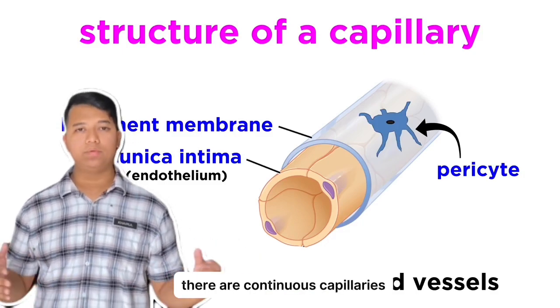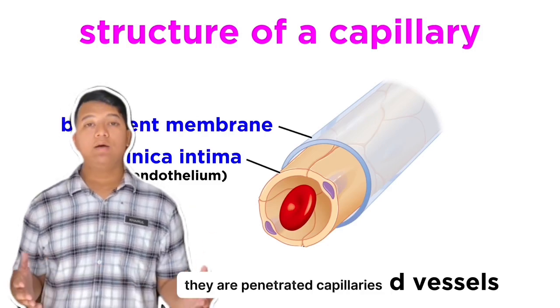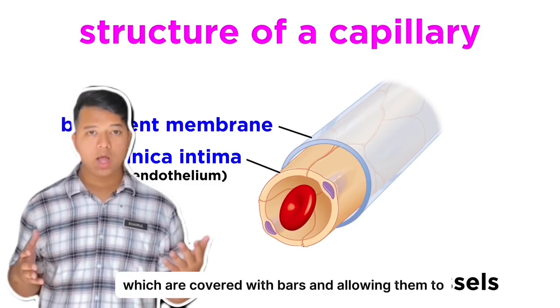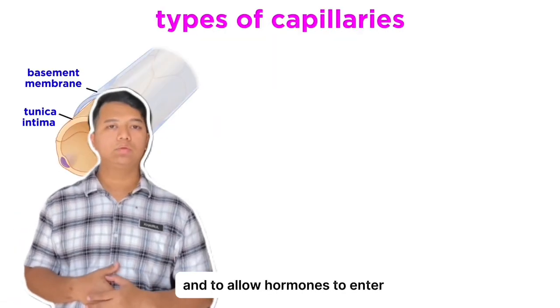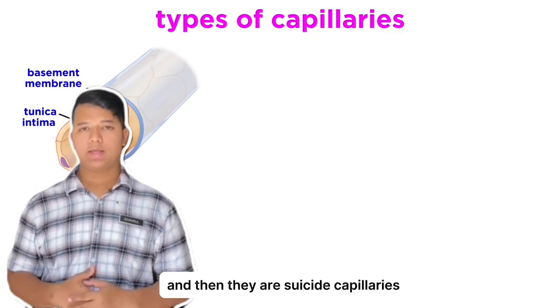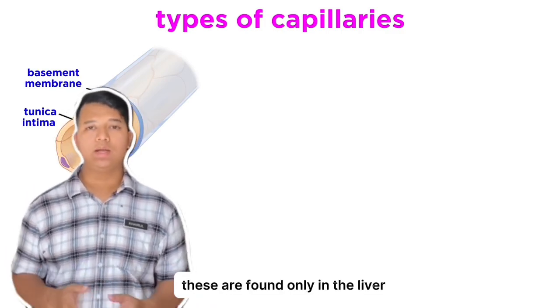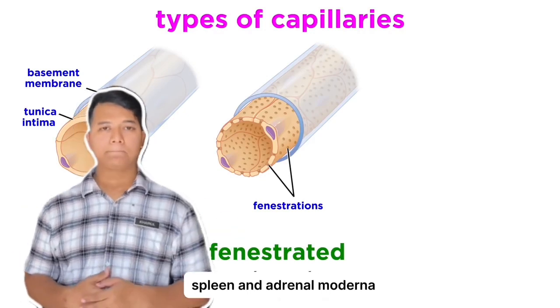There are continuous capillaries, which are found in the skin and muscle, and this is the most common. There are fenestrated capillaries, which are covered with pores, allowing nutrients from digested food and hormones to enter. And then there are sinusoid capillaries. These are found only in the liver, bone marrow, spleen, and adrenal medulla.